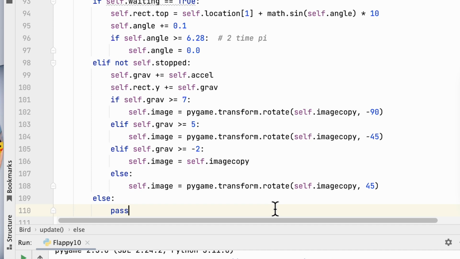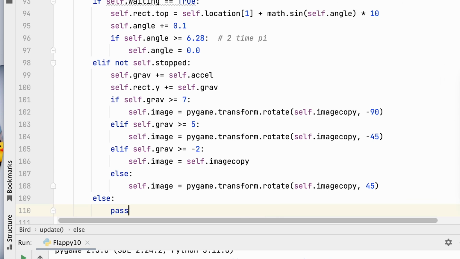If it's anywhere between minus 2 and 5, then we're in a steady state, so we're just going to keep it normal. And if it's less than minus 2, so minus 2, minus 3, minus 4, minus 100, then we're heading upwards, and that'll just be a positive 45 degrees.